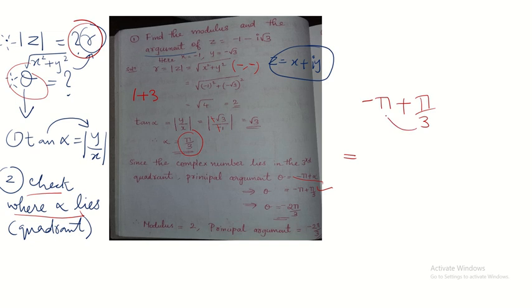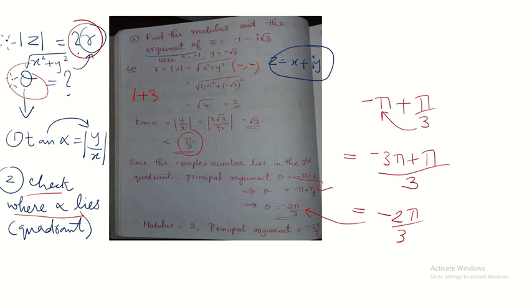You have to find the LCM, so you have to solve this. Minus pi into 3, minus 3 pi plus pi divided by 3. Now minus 3 pi plus pi, so minus 2 pi divided by 3. So that is the answer. I got it here: minus 2 pi by 3.